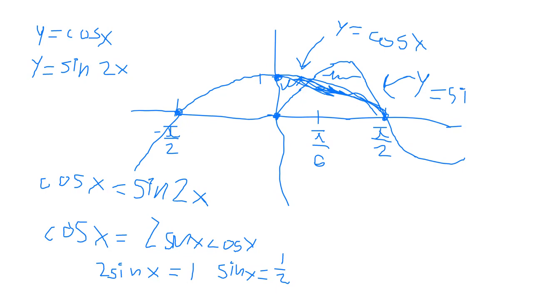So we can clearly see we have our two bounds, from 0 to pi over 6, and also from pi over 6 to pi over 2. So our area is equal to this.